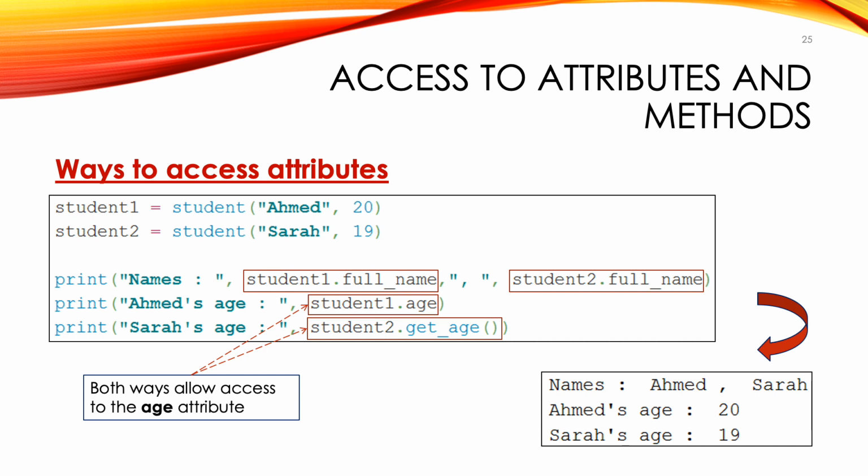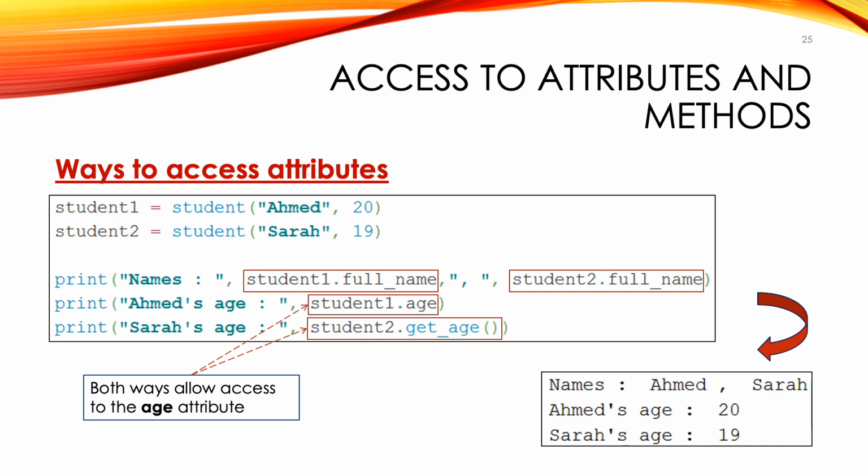Now, after creating objects student1 and student2 from the student class, how about we display their attributes or methods values? So far, what we have studied in Python was simply displaying the content of a variable. So for example, in order to display the content of a list, we put the list name inside print. Now let's do something new.